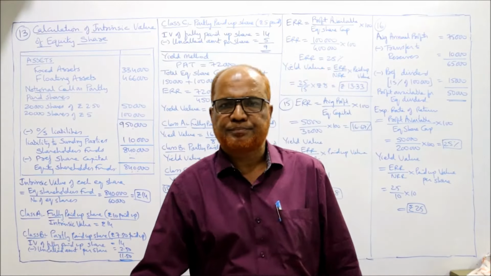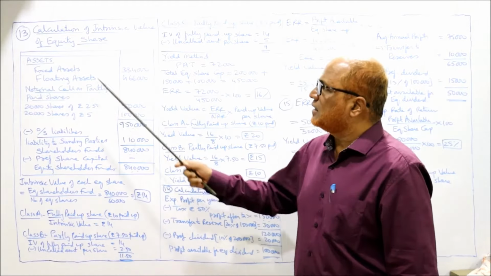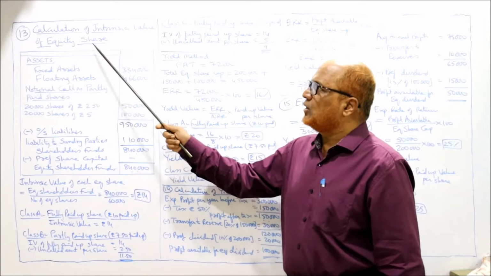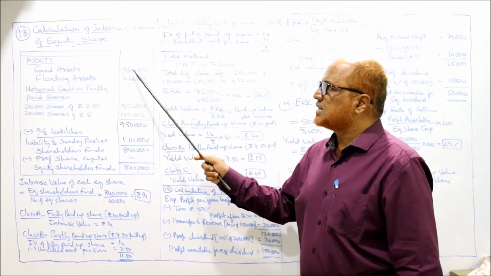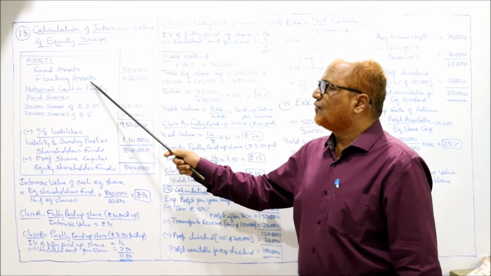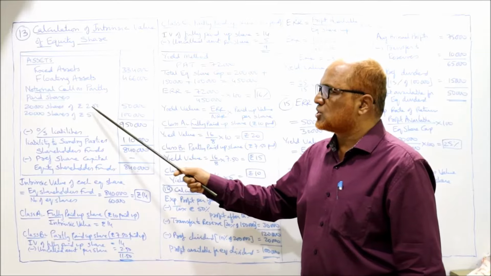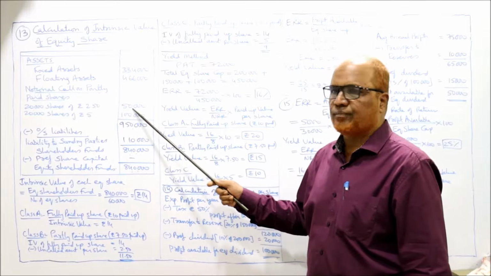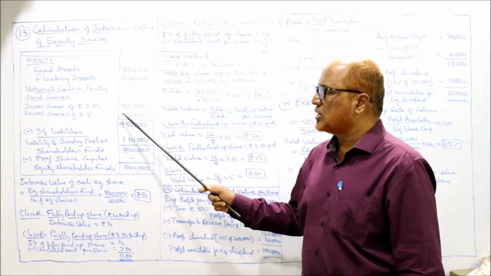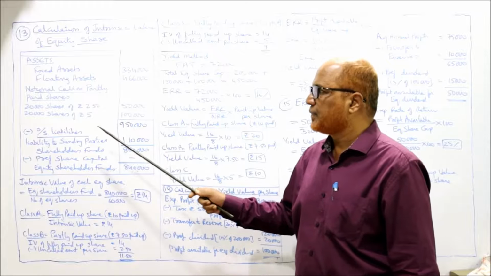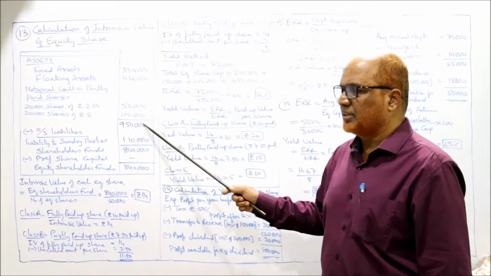This is the problem. Now, first of all, we'll take the calculation of intrinsic value of equity share. Fixed assets 3,34,000, floating assets 4,66,000. Notional call on partly paid shares: 20,000 shares of rupees 2.5, 50,000; 20,000 shares of 5 rupees, 1 lakh. Then total assets 9,50,000.